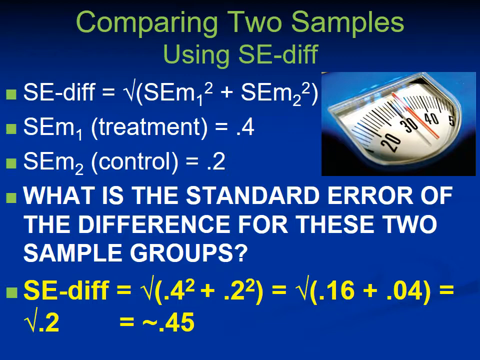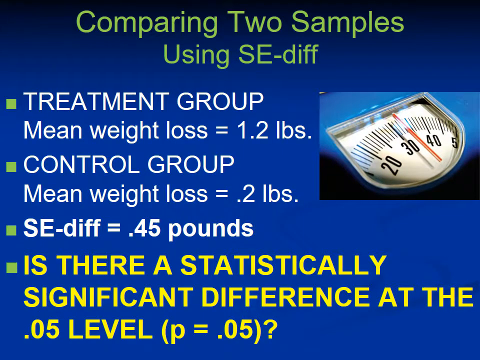We end up with the square root of 0.16 plus 0.04, and the total here, 0.16 plus 0.04 is 0.2, and the square root of 0.2 is approximately 0.45. 0.45 is our standard error of the difference for those two groups.